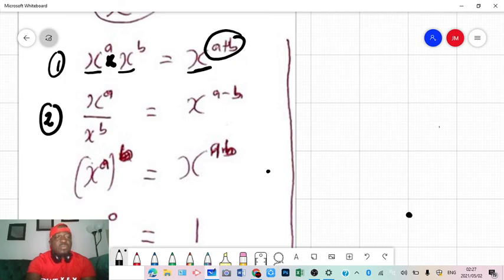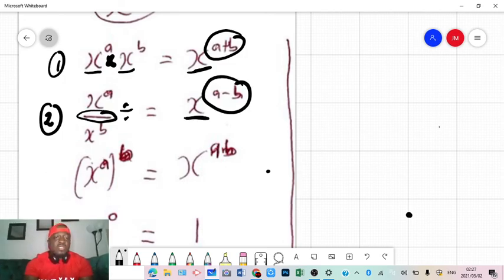Number 2, when you have exponents that are dividing each other, you keep one of the base and you subtract the index. So division goes with subtraction, and multiplication goes with addition. That is the first two laws.